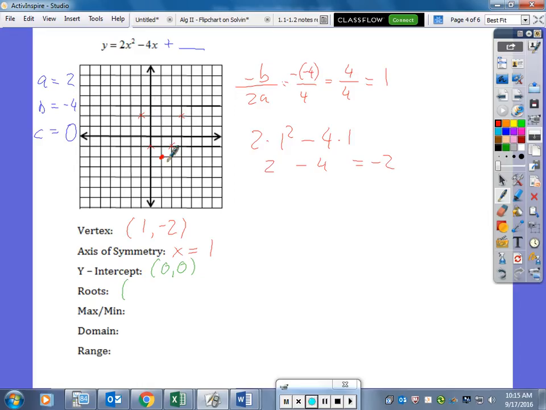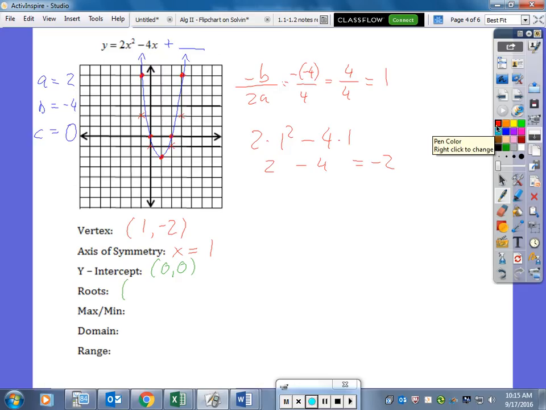So we go 1 to the right, 2 up, 2 to the right, 8 up, right here. 1 to the left, 2 up, 2 to the left, also 8 up. So this is our parabola, and as you can see, it's thinner than our parent function because it got stretched vertically.